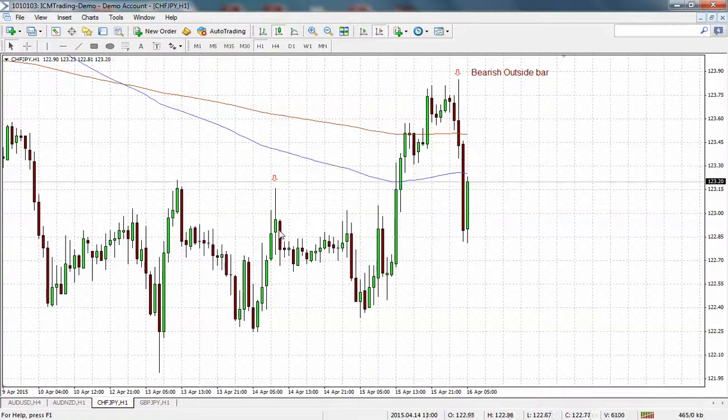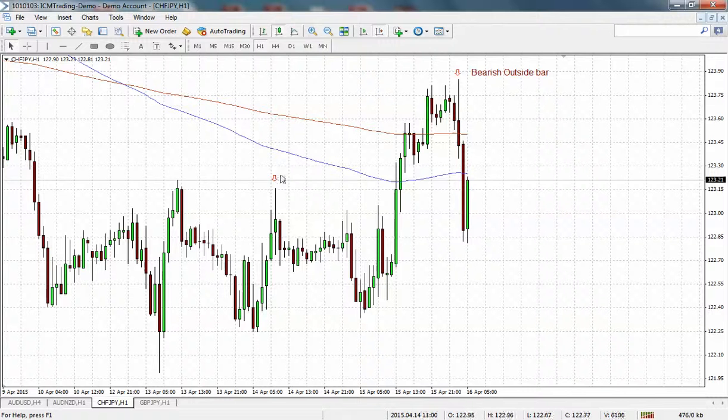But it is still a bearish pin bar. Usually you don't want this nose to be so long. You want the nose to be much shorter and the tail to be long. You only want one end of the pin bar to extend really far, which is the tail.